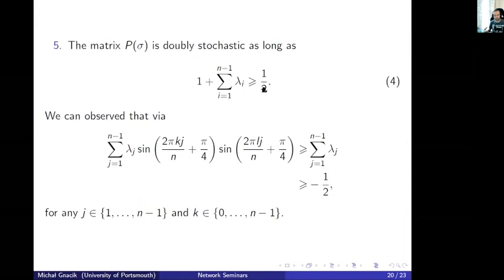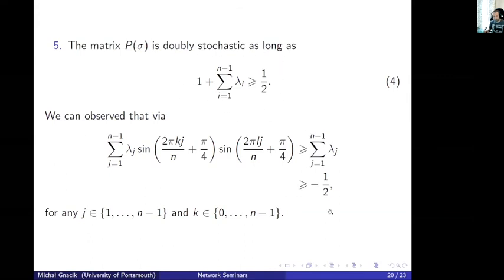So if we assume this, which can be translated as the sum of all the lambdas from 1 up to n minus 1 being greater or equal to -1/2, this is our assumption from stating that the spectrum is Suleimanova.